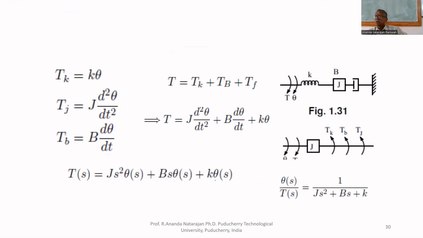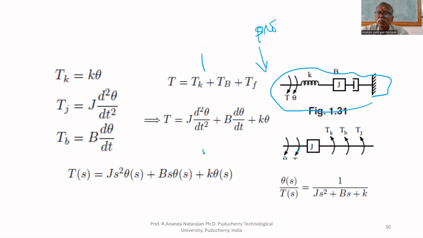For the rotational system, we have to obtain the mathematical model. This is the given rotational system. The torque applied is T, and one end is fixed.